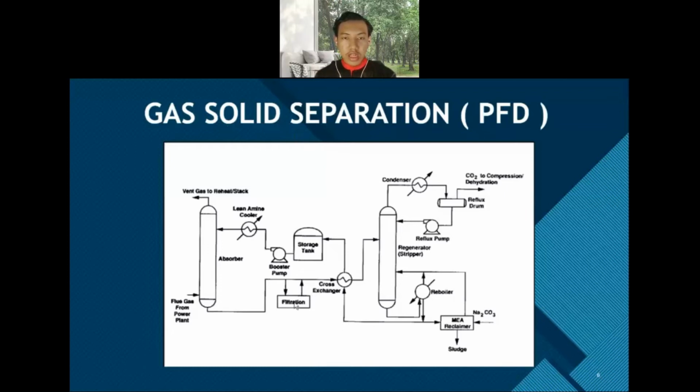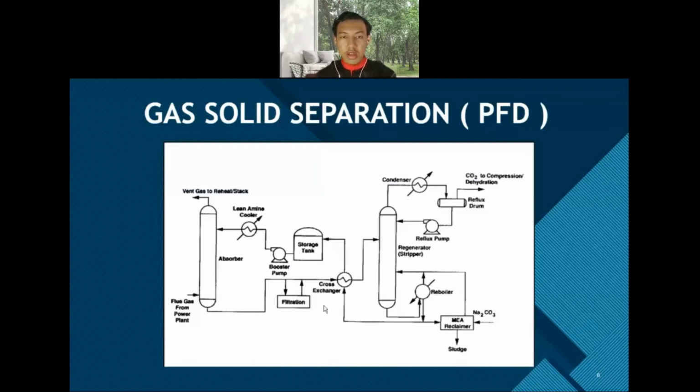happen? It happens at the filtration, where from the bottom of the first distillation column, the flue gas from the power plant comes into the distillation and goes to the stream that is connected with the filtration stream.